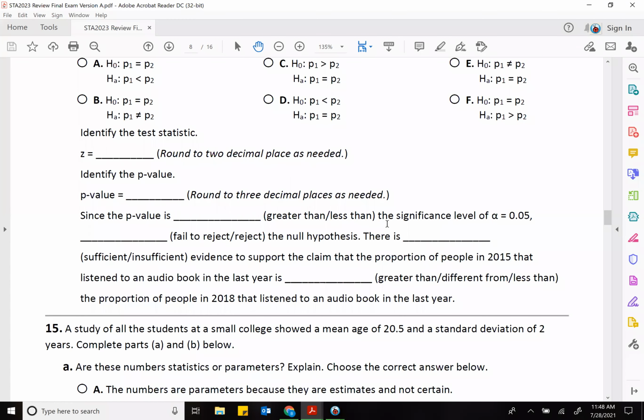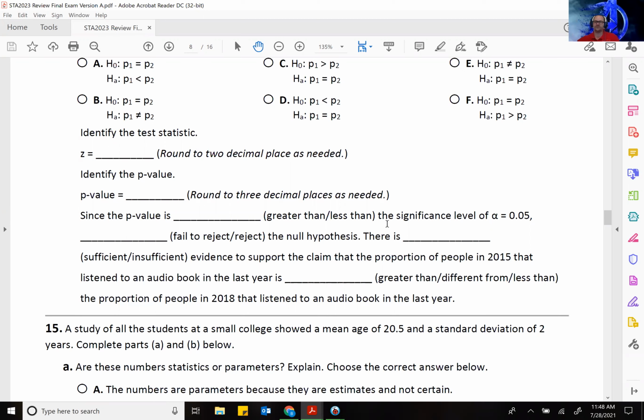Reject. We don't want it. Reject the null hypothesis that they are the same. There is blank evidence to support the claim that the proportion of people in 2015 that listened to audiobooks in the last year. Okay, let's just go with that first one before we continue with the rest.